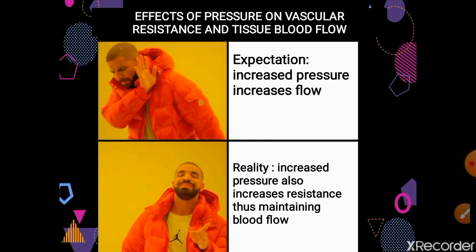But this is not the case, because if you remember Ohm's law, the pressure is directly proportional to flow, but the pressure is also directly proportional to resistance. If you keep on increasing pressure, it may increase the flow to some extent, but on further increase of pressure, the resistance also increases. This increase in resistance does not allow the blood flow to increase any further.